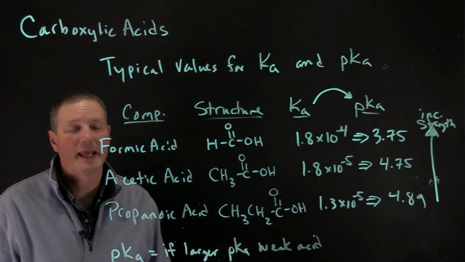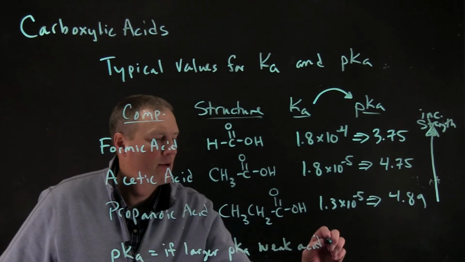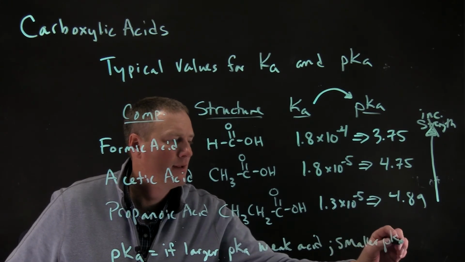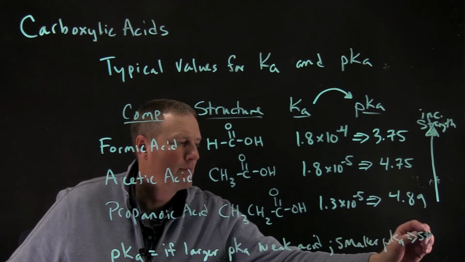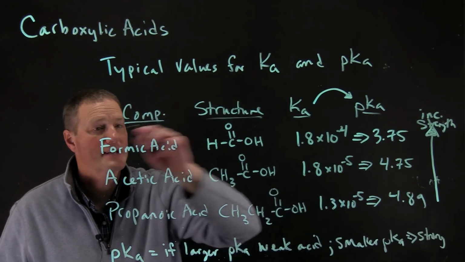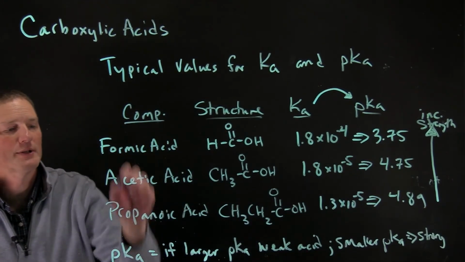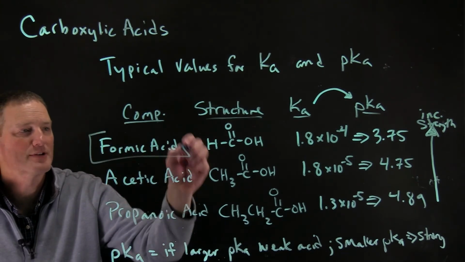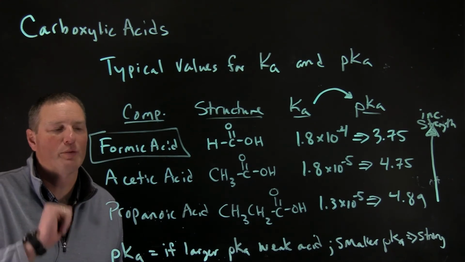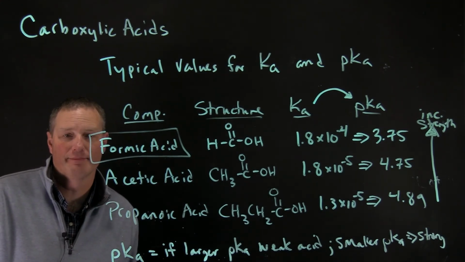Large pKa numbers mean weak acid, whereas a smaller pKa means strong, because notice that as our pKa's are getting smaller here, that's a stronger acid. So in this series, formic acid would be the strongest acid, acetic acid would be in the middle, and propanoic acid would have the least strength in terms of giving up its proton.